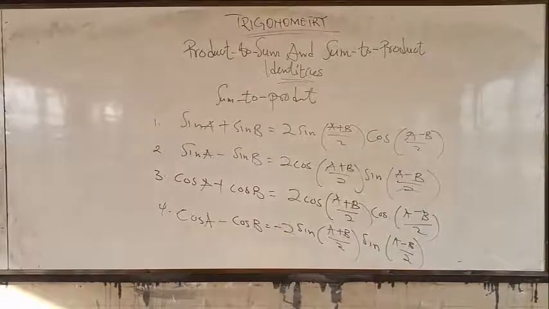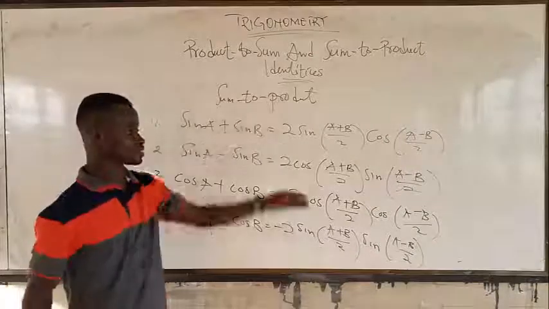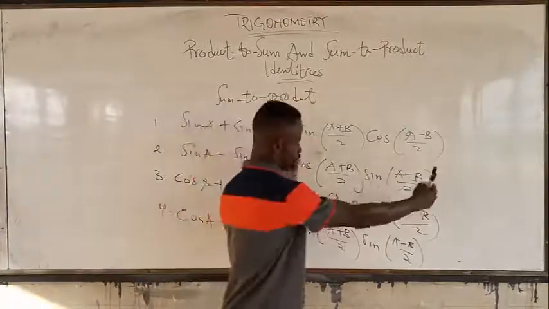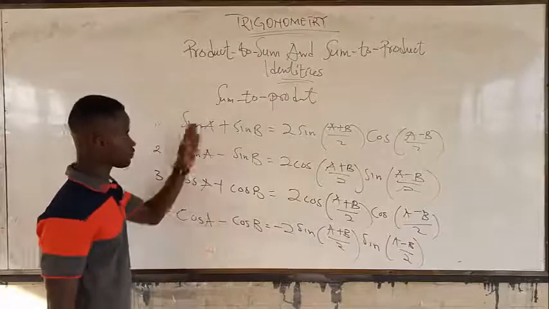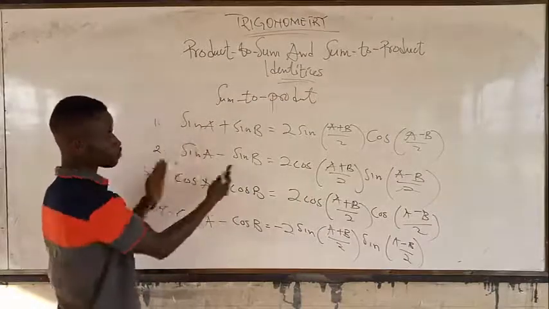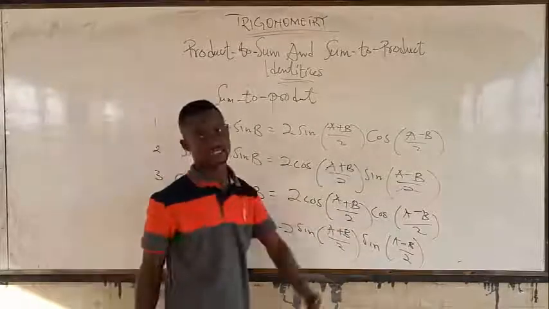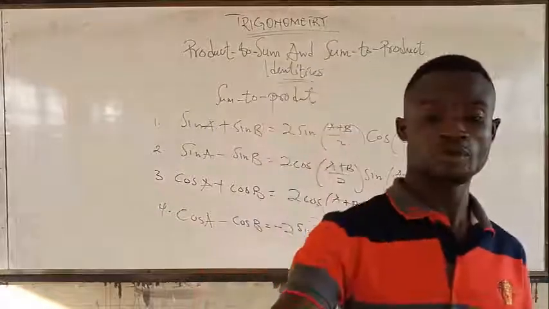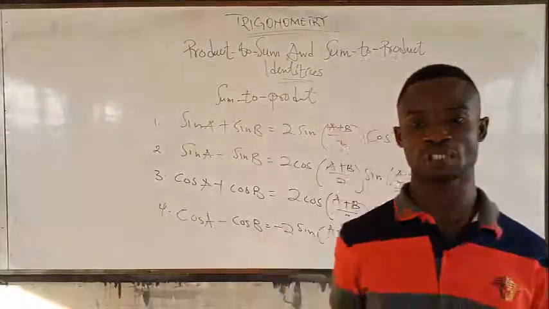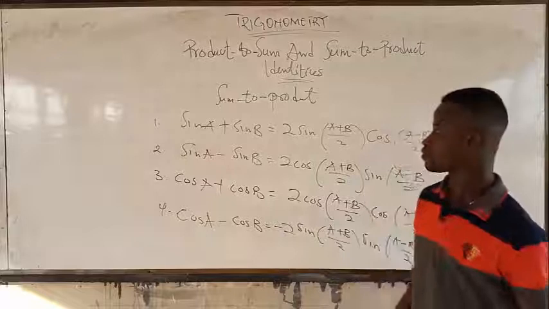So that's the formula. So you can see that it's a sum to product. You see, this side we have a product, and on this side, this one is sum or difference. Alright. So sum or difference, then the product. That is what this also means. Alright. So you'll be looking at using a sum to product identity to solve some questions.